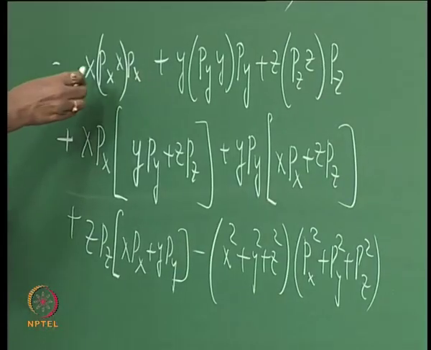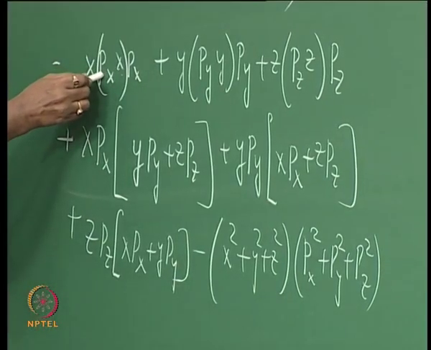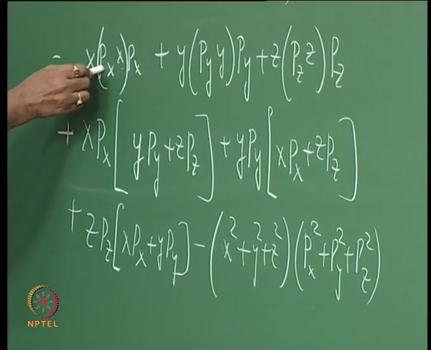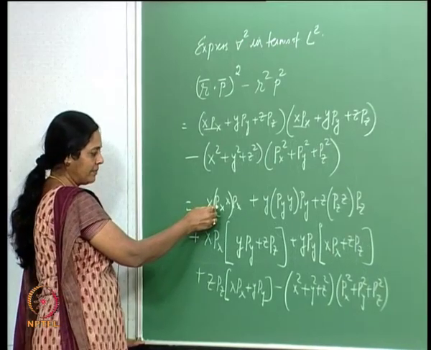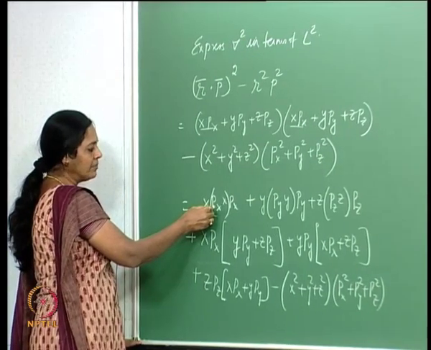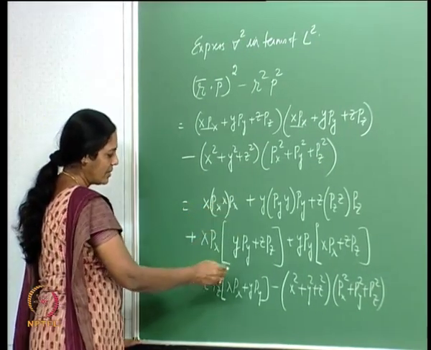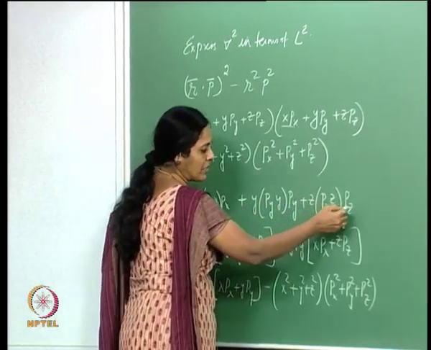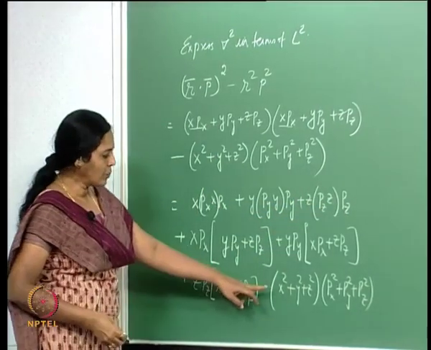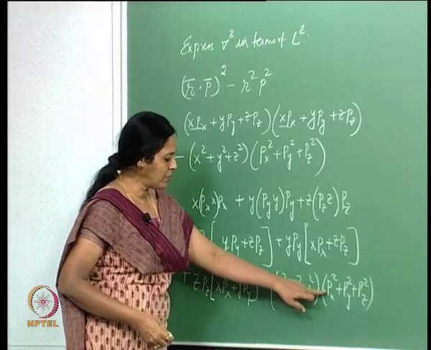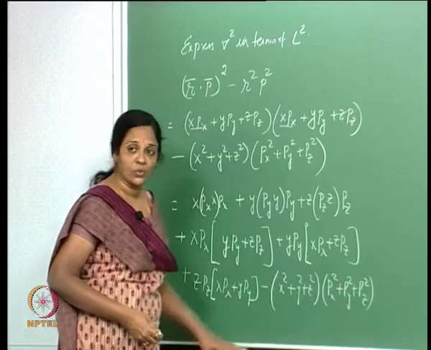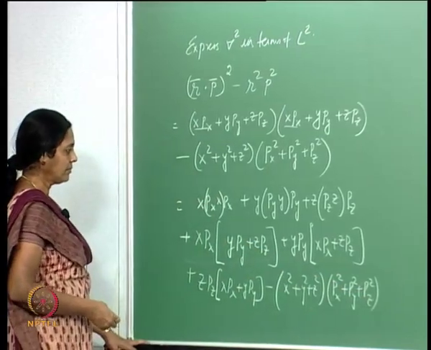Now, it is clear that if I commute x across p_x using the fact that the commutator of x with p_x is i h-bar, I get a term x squared p_x squared, similarly a y squared p_y squared and a z squared p_z squared, and that will cancel out with x squared p_x squared plus y squared p_y squared plus z squared p_z squared here.